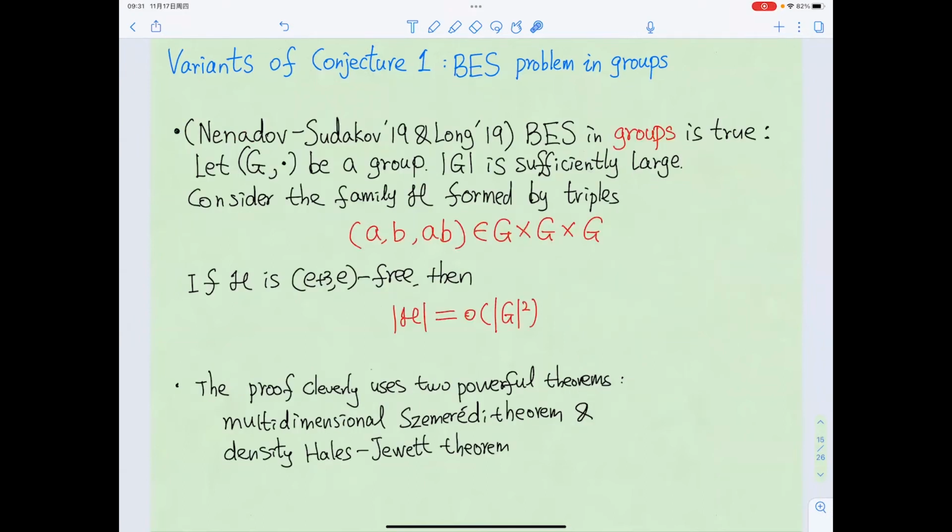But two groups of authors, Nenadov, Sudakov, and Wagner, independently proved the BES conjecture in the groups.